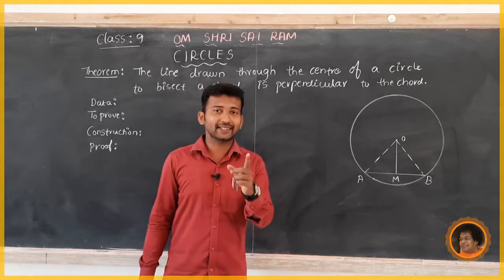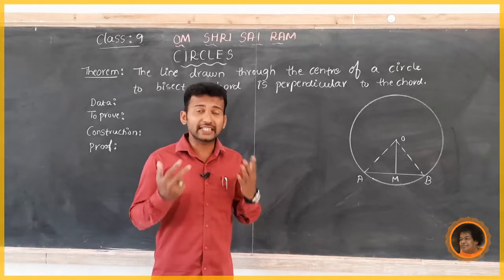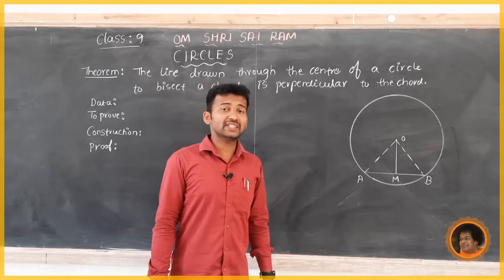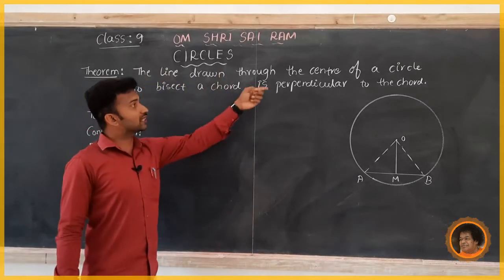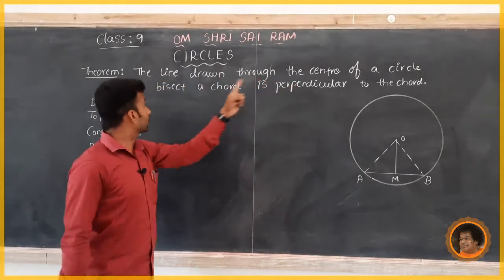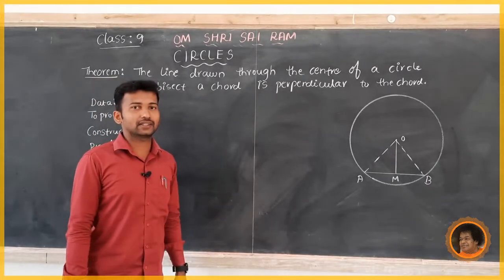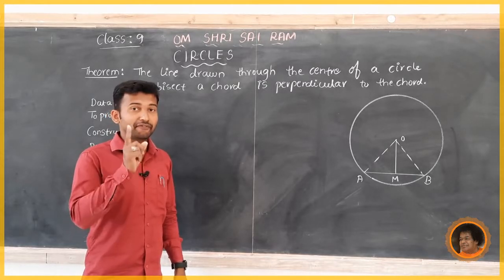Yes, we know that it is data. Data means what is given in the question or the theorem. What is given? The line drawn through the center of a circle to bisect a chord. Bisecting a chord is called data. This is the first step.